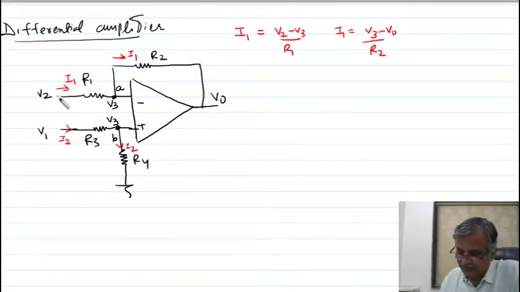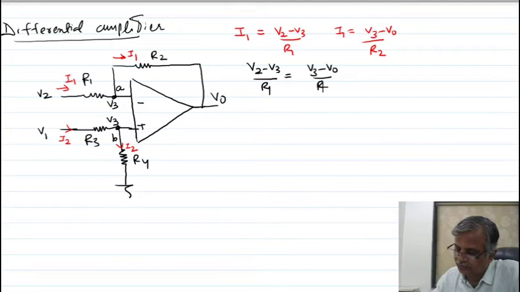What is I1? This potential difference upon this resistance. So (V2 minus V3) upon R1, and (V3 minus VO) upon R2, that I have written. Second time, (V2 minus V3) upon R1 is equal to (V3 minus VO) upon R2.